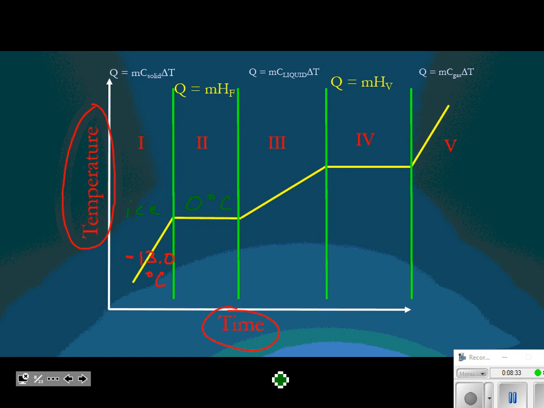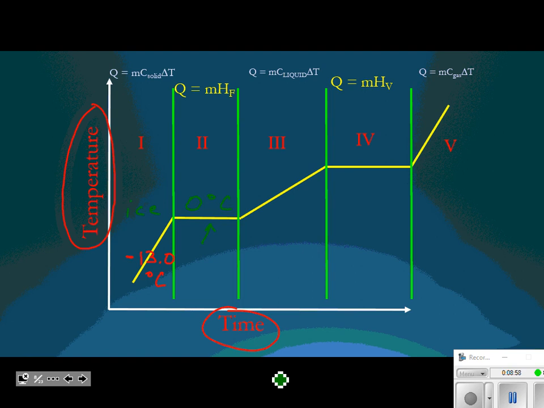I can see right here that I have the plateau. That plateau represents the phase change. Now let's stop and think. At the phase change, the temperature is 0 degrees Celsius. I'm going to tell you why there's not a change, okay? Why the temperature is not increasing.